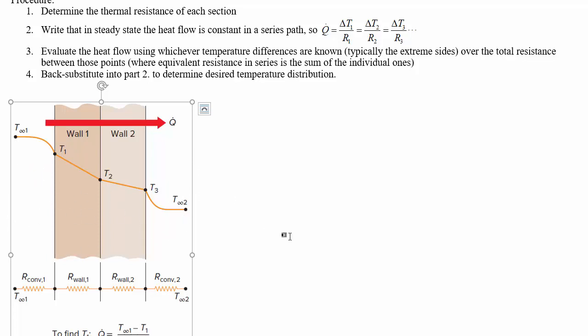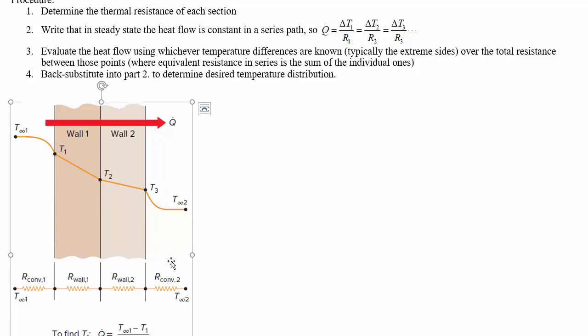Then we can set up a system like this, where we have the temperature over here and the temperature of the wall being one thermal resistance, telling you the heat flow, where now we have a convection resistance out there. Then you've got a wall resistance for this temperature difference, and then another wall resistance for the temperature difference across it, and another convection resistance for the temperature from that wall to the free stream inside.